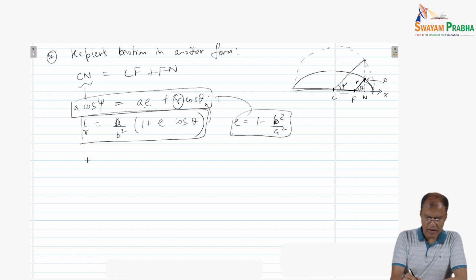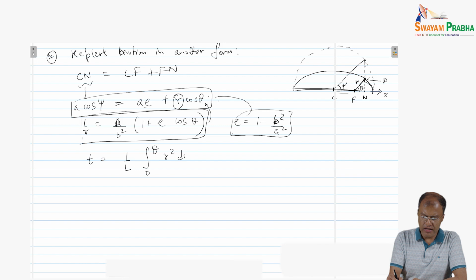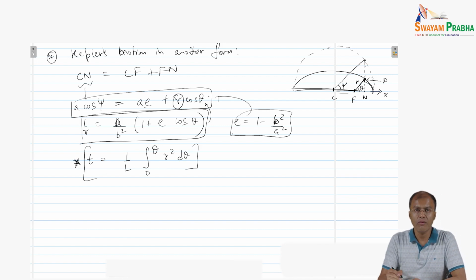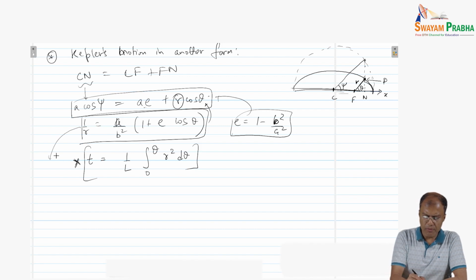So r, at any given point of time t, the time taken by the planet on moving along the ellipse, t is 1 over L integral 0 to theta r square d theta, right? So are we using this? I think we will keep it for the time being. We may not use this at this point. I think for the ellipse we can use the path equation.